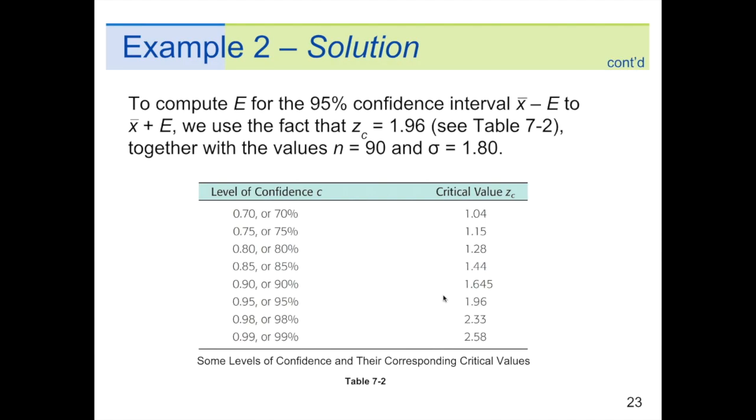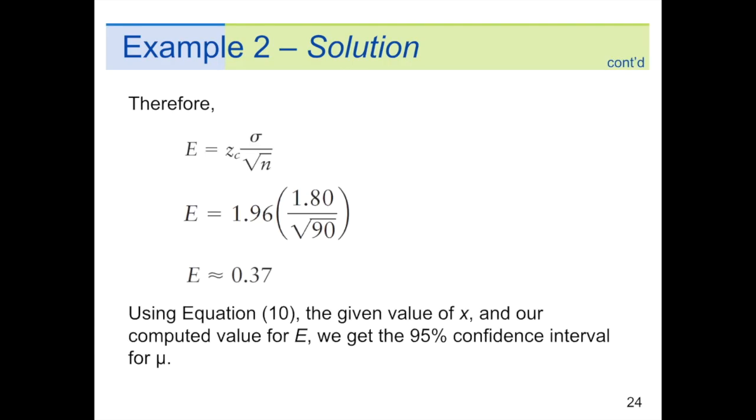So 95%, as you can see, is 1.96. Together with values n equals 90 and sigma equals 1.8, E is Z sub C times sigma over the square root of n, so 1.96 times 1.8 over the square root of 90, which is about 0.37.